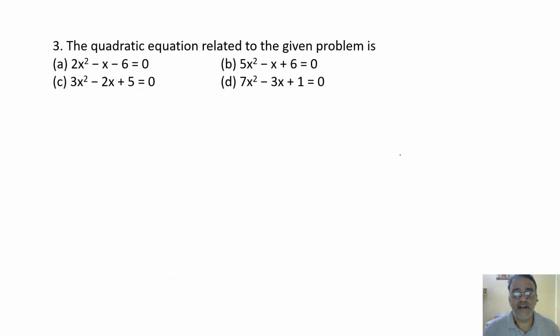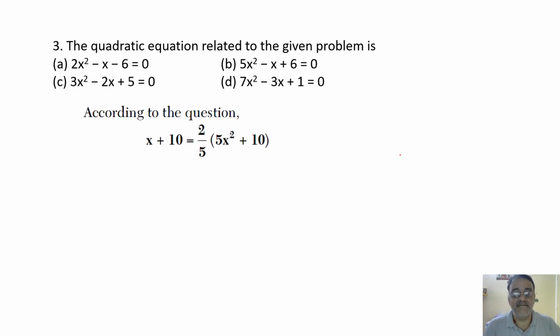Now the quadratic equation related to the given problem is dash. According to the question, after 3 years the age of Swati will be 2/5 of Varun's age. So x plus 10 is equal to 2/5 of 5x square plus 10. After 3 years, this is Swati's age, and this is the age of Varun. Now we are going to divide both terms by 5. So we are going to get x square plus 2.